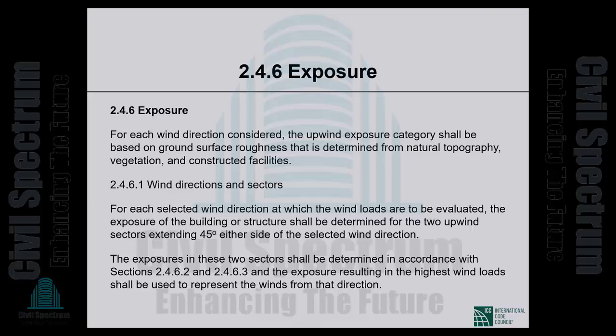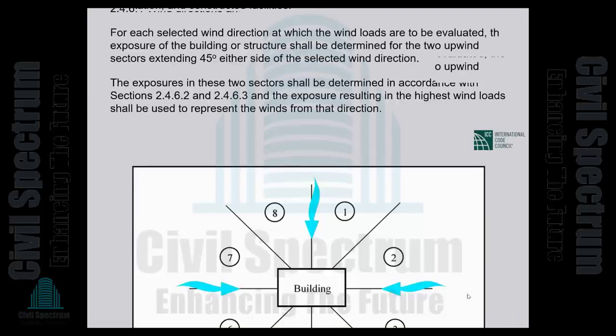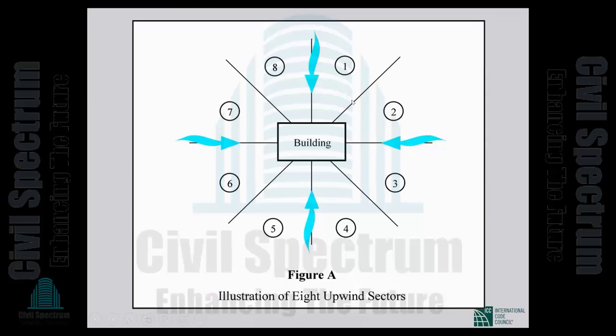So for each wind region considered, the upwind exposure category shall be based on, well, let me not go into that. So the idea is, this is your building. You look at 45-degree segments as shown in the picture, and these would be upwind directions.